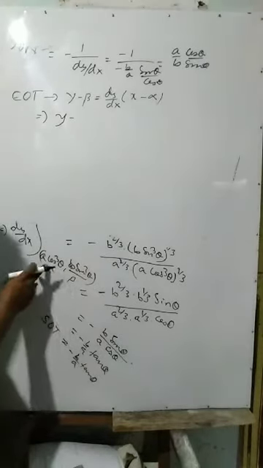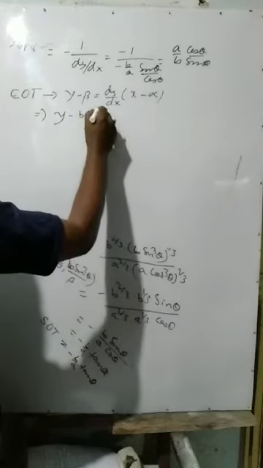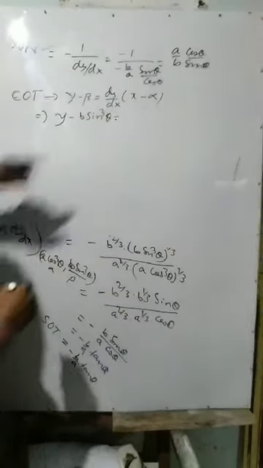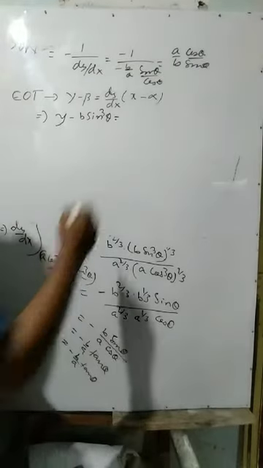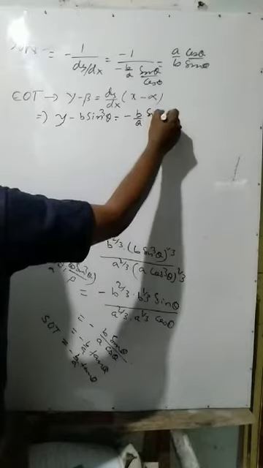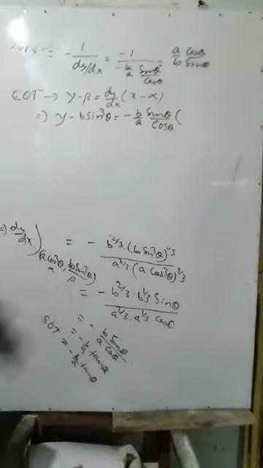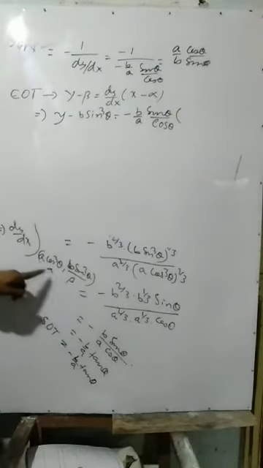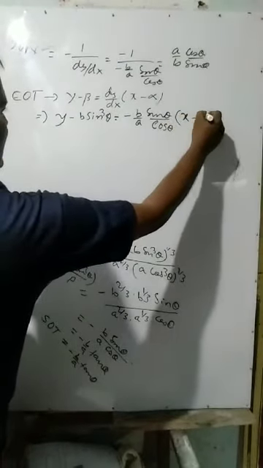Y minus beta equal to b sin cube theta. Instead of dy by dx, you put minus b by a sin theta by cos theta into x minus alpha. Alpha equal to a cos cube theta, so x minus a cos cube theta.